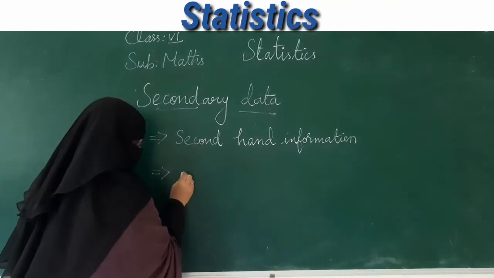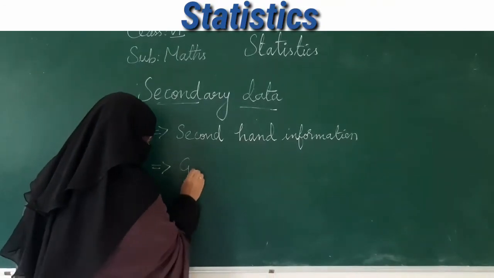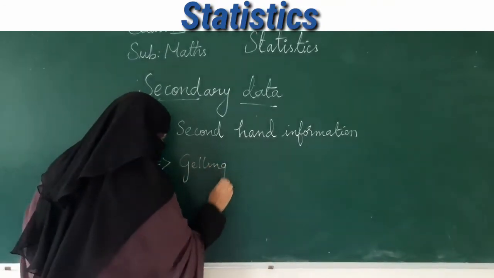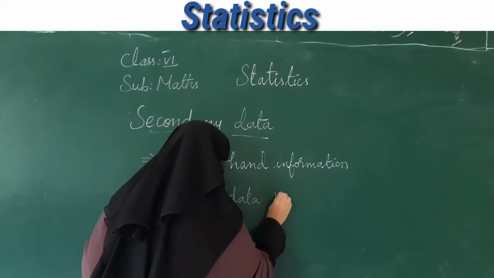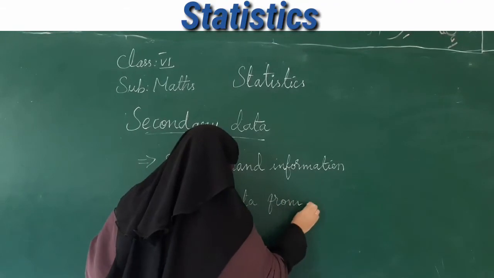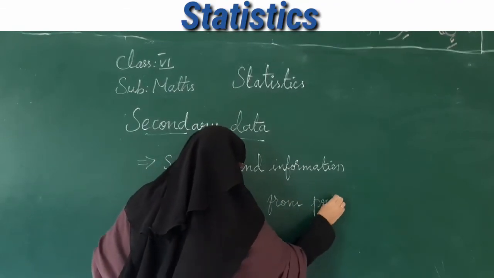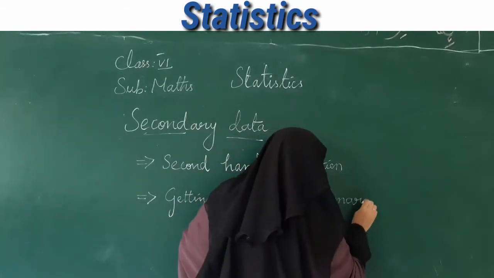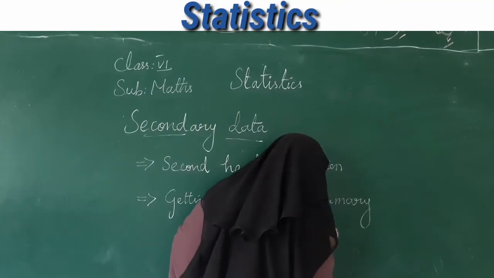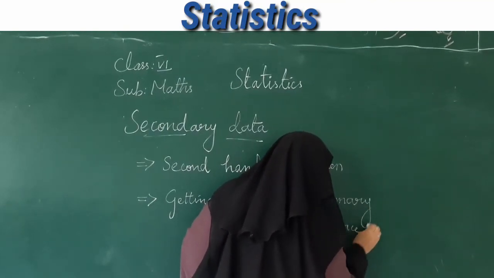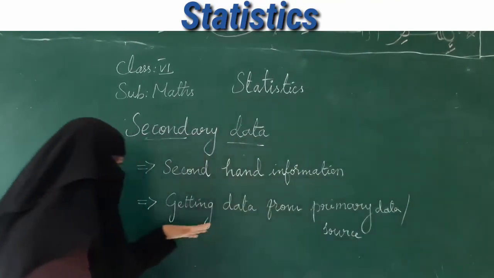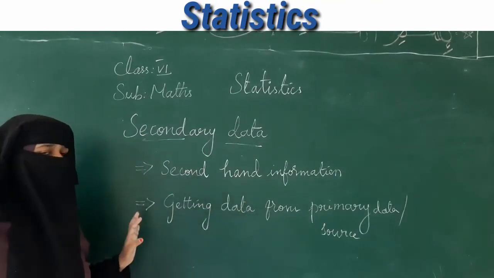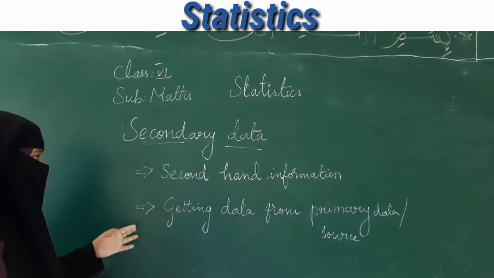That is getting data from the primary source. Where we are getting the secondary data from the primary data. Okay, getting data from a primary source, this is called secondary data.